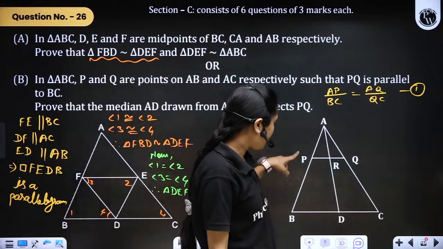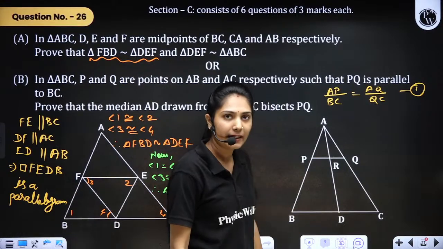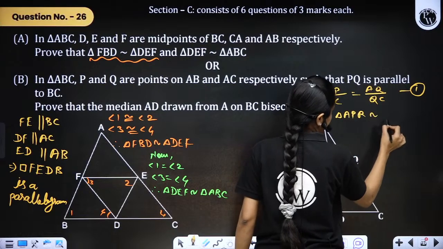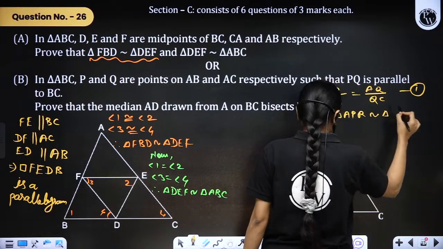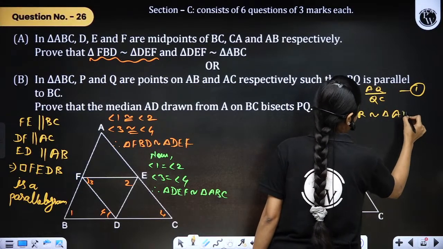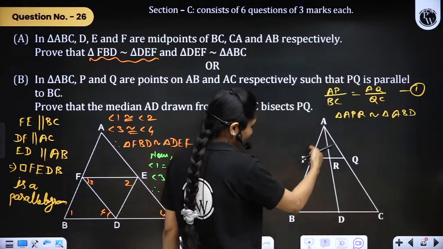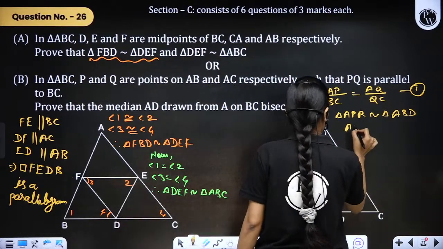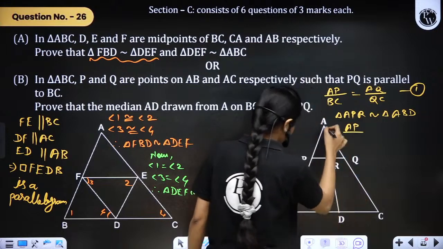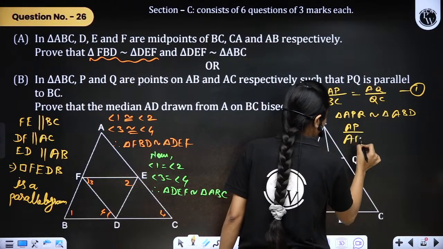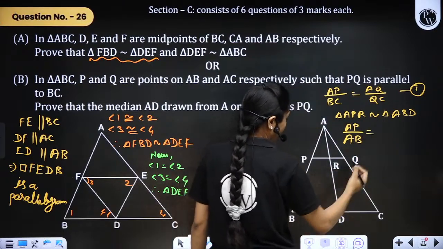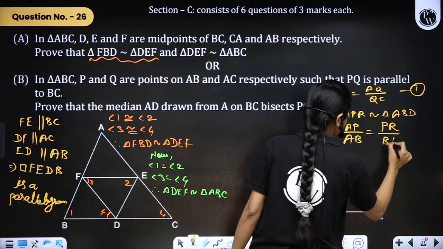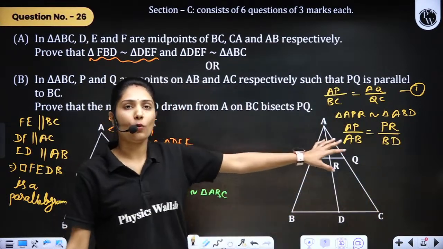After that, triangle APR is similar to triangle ABD. So I can say AP upon AB is equal to PR upon BD. Let it be equation number 2.